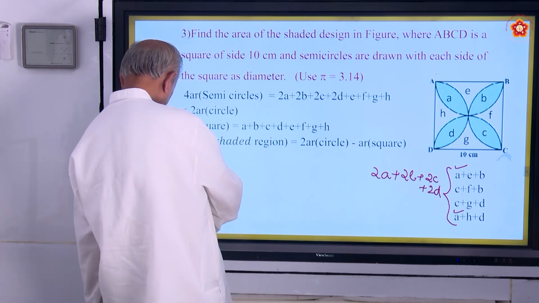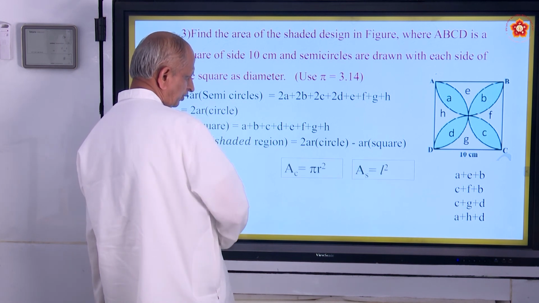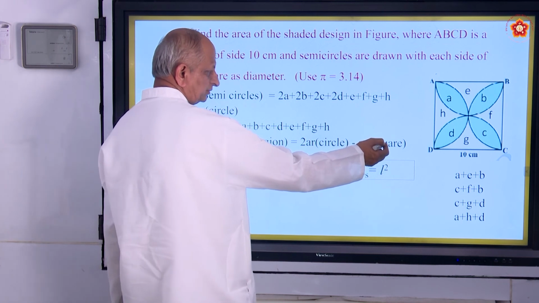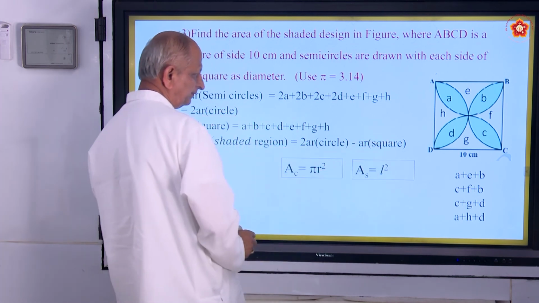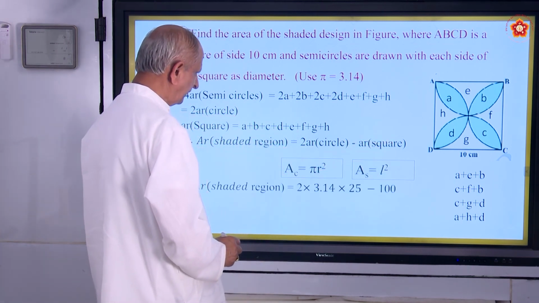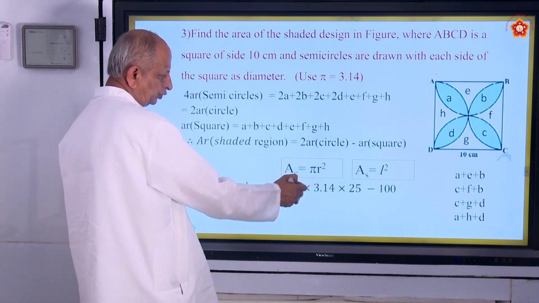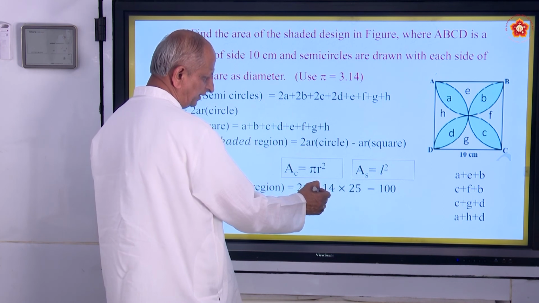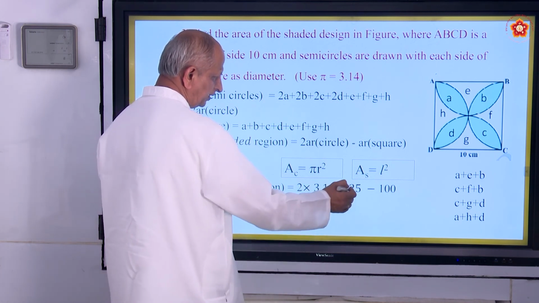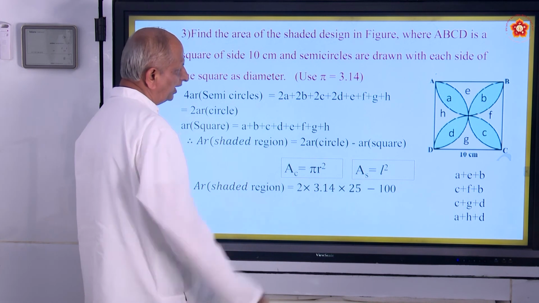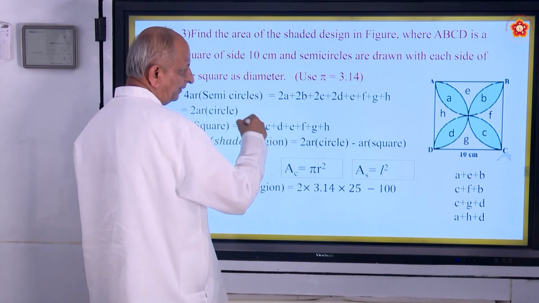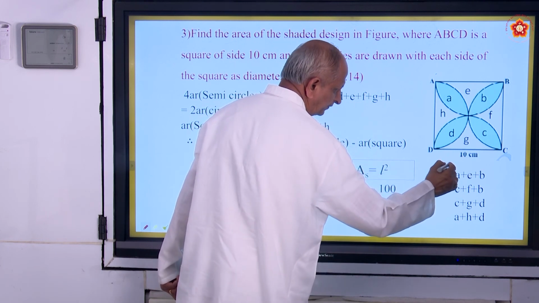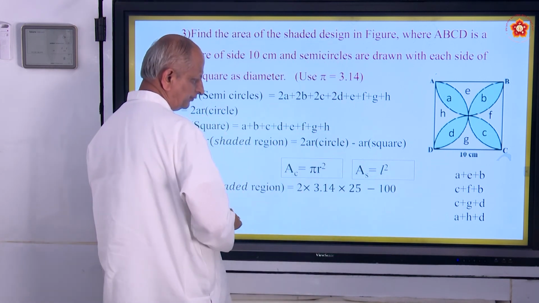So 2 times means how much? The area formula is pi r square, area of a square is L square. So you have to apply it. 2 into area of a circle pi r square, pi is approximately 3.14, r is how much? Diameter is 10, radius becomes half of that, 5.